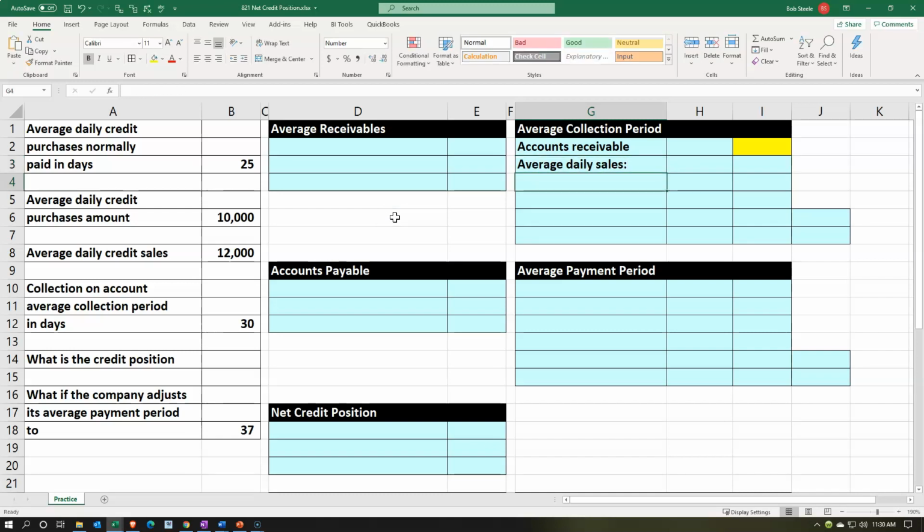brackets. Now normally we would do a sub-calculation, and we would take the normal credit sales, the sales on the income statement if they were all credit sales, or the portion of the sales that are credit sales, sales on account, sales that are going to go through accounts receivable, and then we're going to divide that by the days in a year.